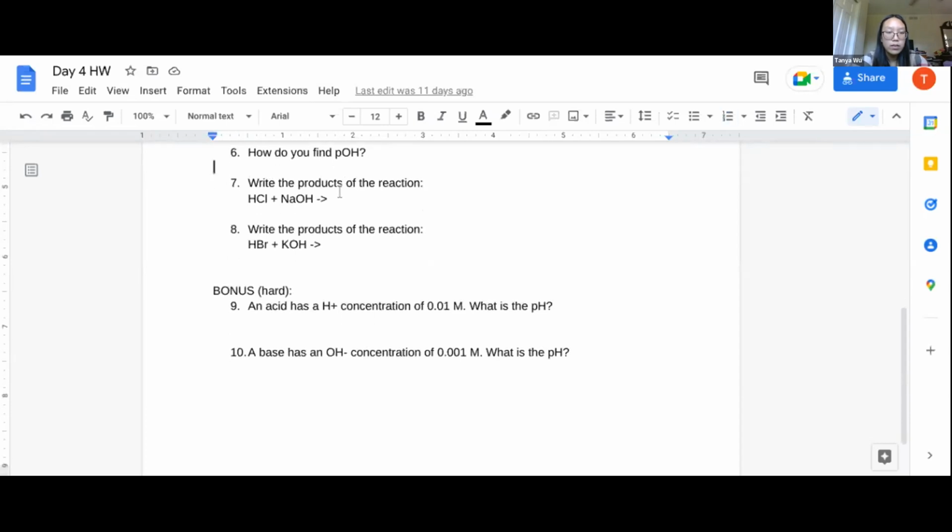Okay, how do you find pOH? It's 14 minus the pH, or you can take the negative log of the molarity of the hydroxide ions.